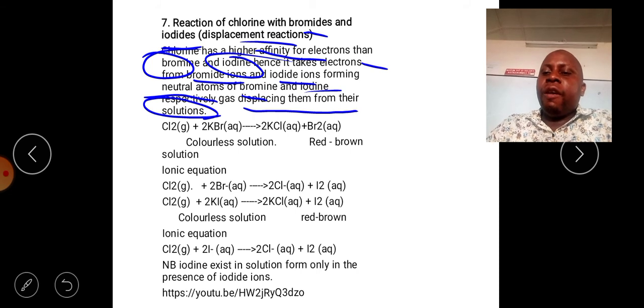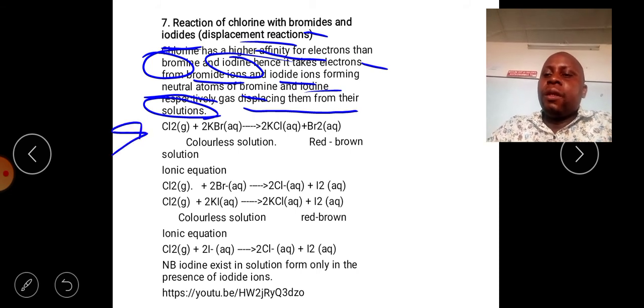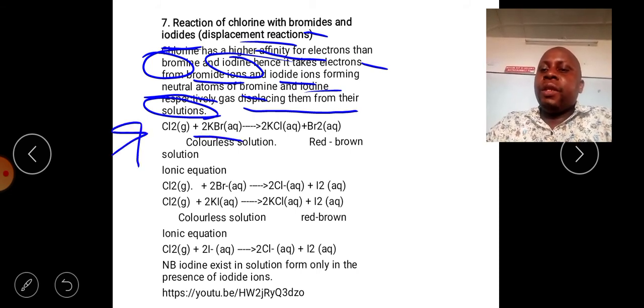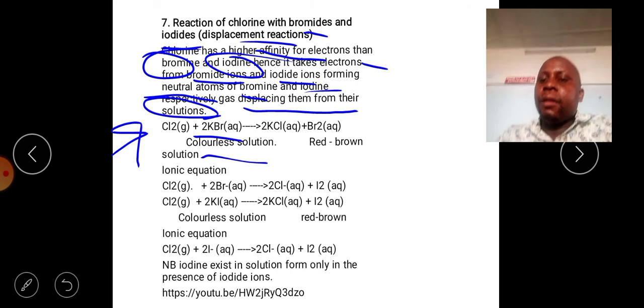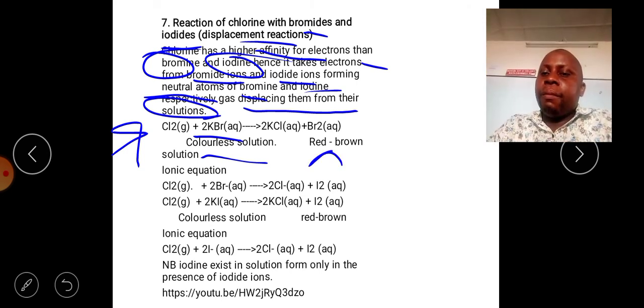So in that first case, we saw that chlorine, when added to potassium bromide, which is a colorless solution, forms potassium chloride and bromine. The bromine is red-brown in color.